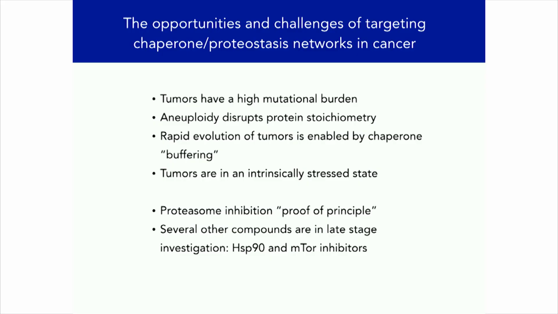A very nice proof of principle of this is that the proteasome, this central protease in the cell, is a target: a very effective therapy inhibits the proteasome in multiple myeloma. And there are also several other compounds that are in late stages of investigation, including HSP90 and mTOR inhibitors.